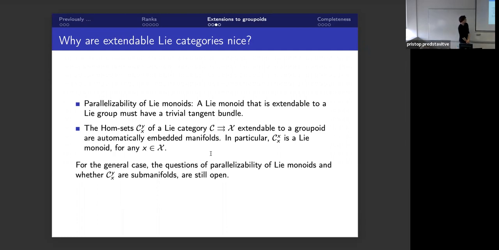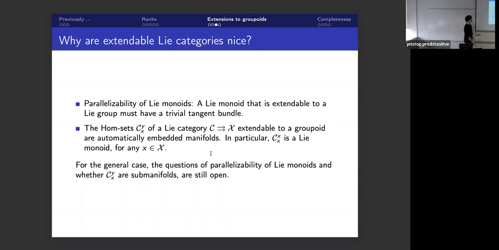And you just pose the question, is this a smooth manifold? In the case where a Lie category is extendable to a groupoid, this holds. If not, we don't know. So this is still an open question for the case of non-extendable Lie categories.